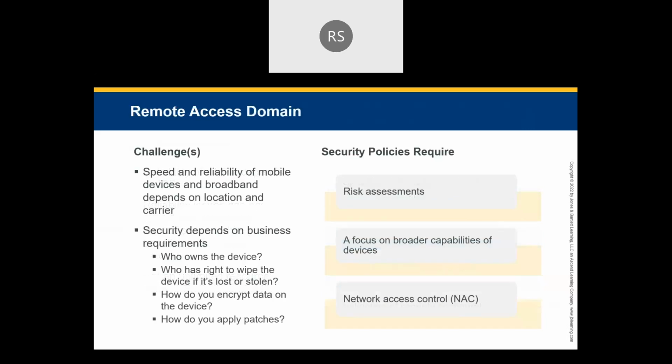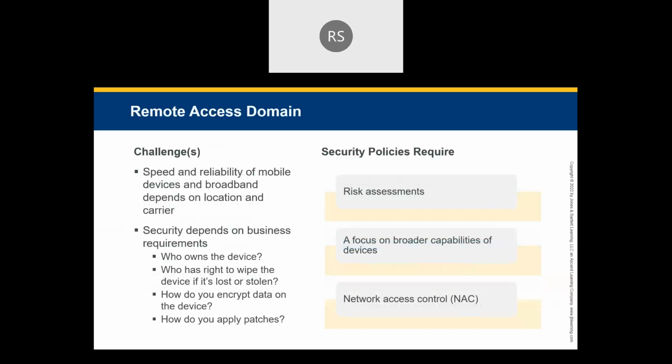So, the challenge for the remote access domain is related to the speed, reliability, and security of mobile devices and broadband connections. The speed and reliability of mobile devices and broadband connections can vary depending on location and carrier. Remote access performance and user experience are directly influenced by the quality of the network connection.